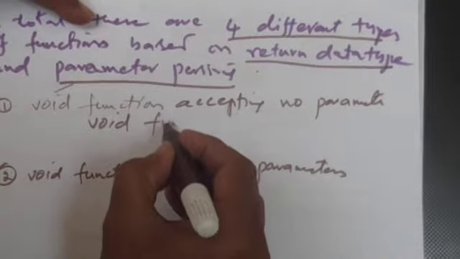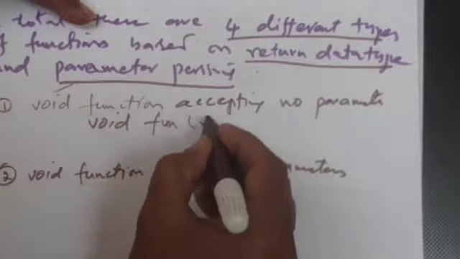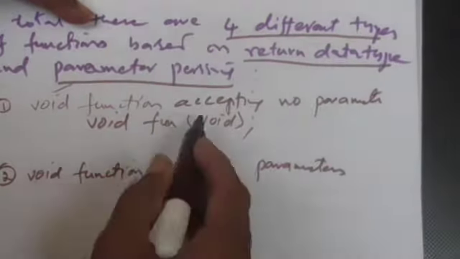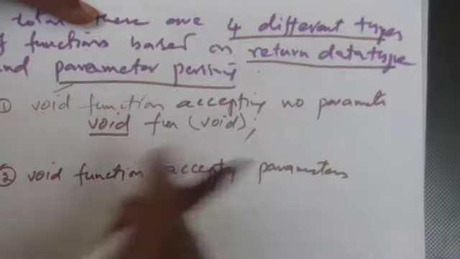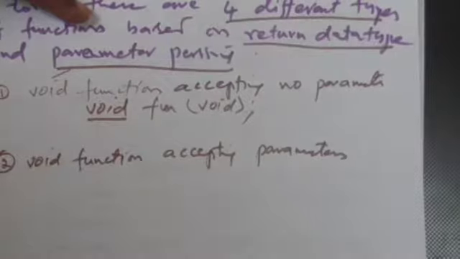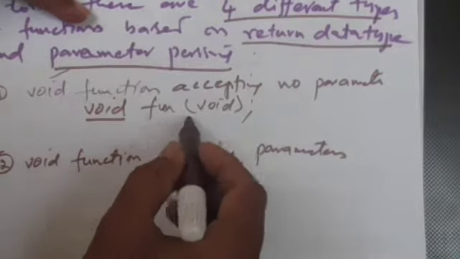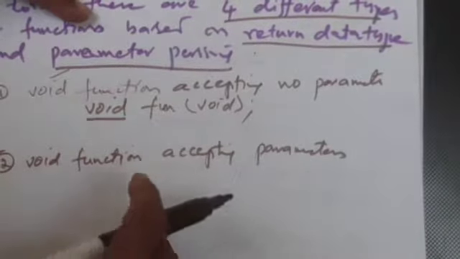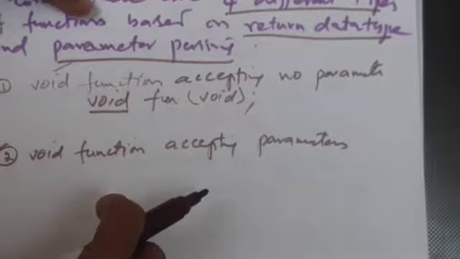I say fun, the name of the function is fun, and I write void. So you can classify this as a function that is not returning any value and not accepting any value. Usually functions of this type are only for doing a particular purpose which has no communication with the calling function.